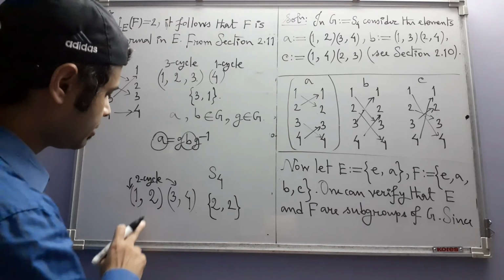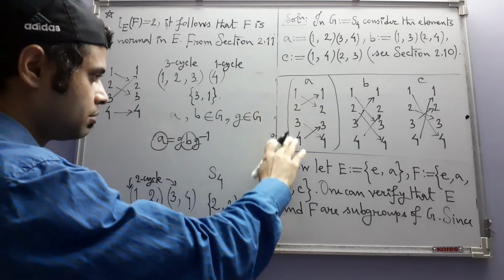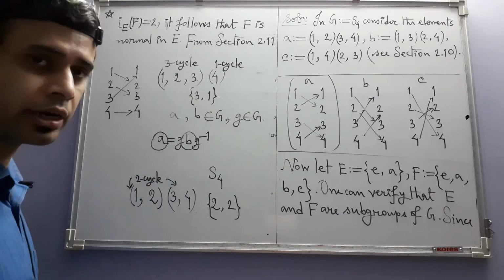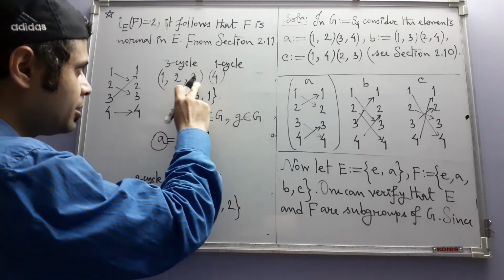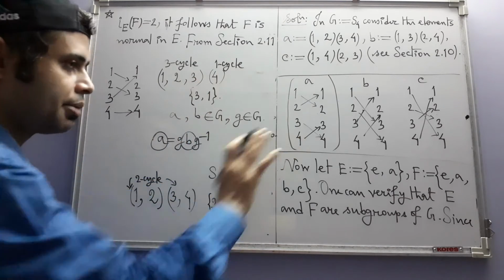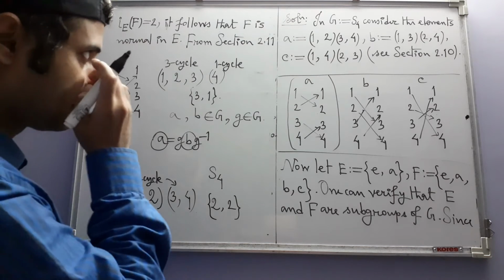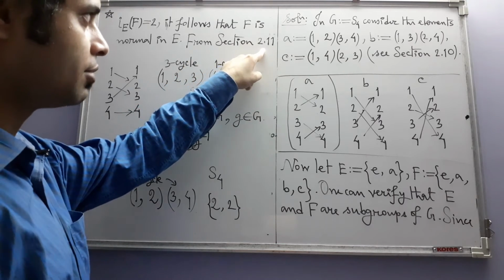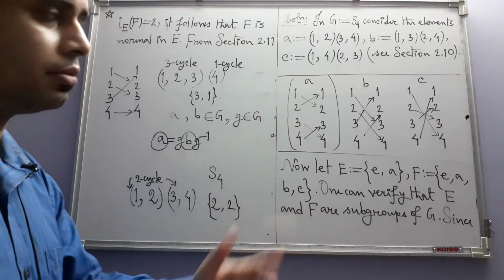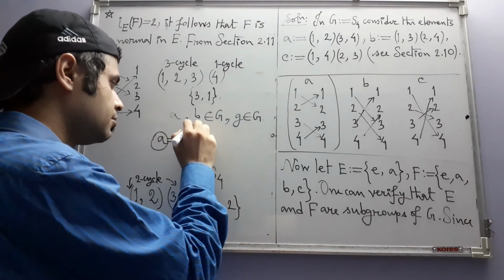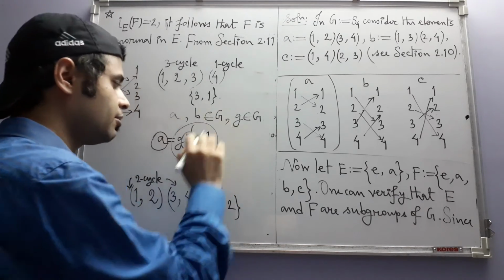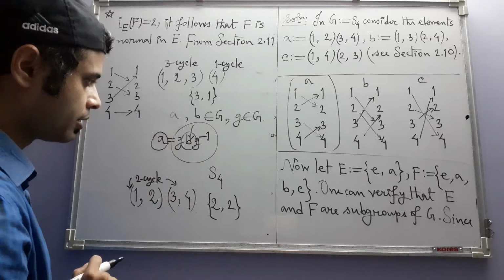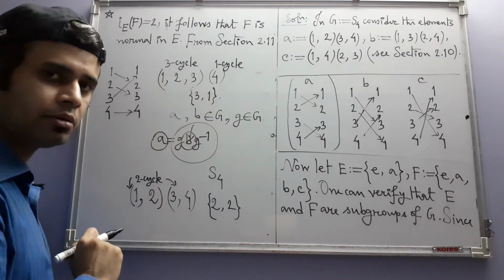So you can see one thing, that when you express a permutation as a product of cycles, the cycles are disjoint in the sense that the symbols appearing in one cycle do not appear in any other cycle. Now this is the fact that we will see in section 2.11, that when you take a permutation, say b, and you form a conjugate of that permutation by multiplying by g in this manner, forming such a product, then you get a conjugate of the original b.